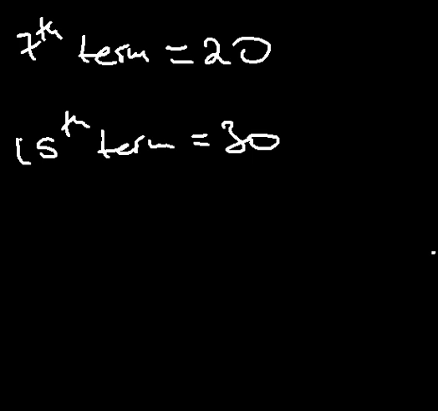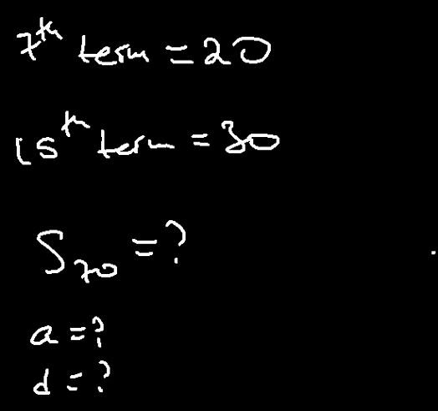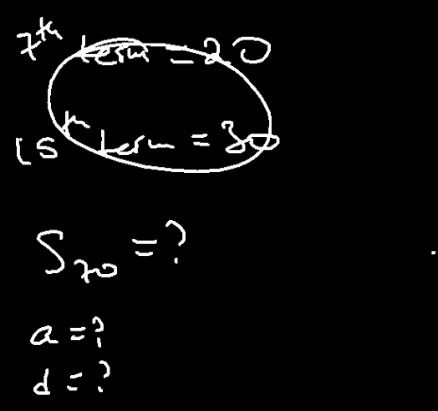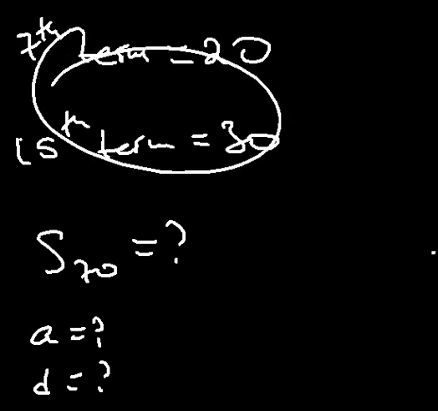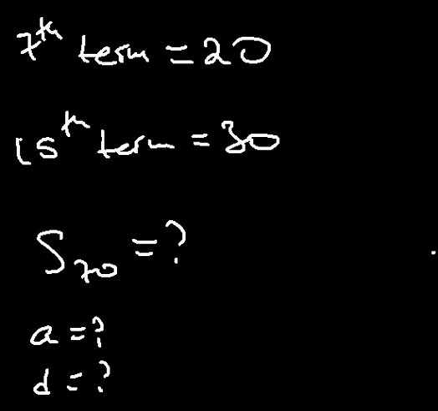So now find the sum of, let's say, 70 terms of that particular arithmetic progression. So now all we need is to have the first term as well as the common difference. I understand you know how to have the first term as well as the common difference for this particular part of the question. So try to have that, and then you'll be able to have the sum of terms in that case.